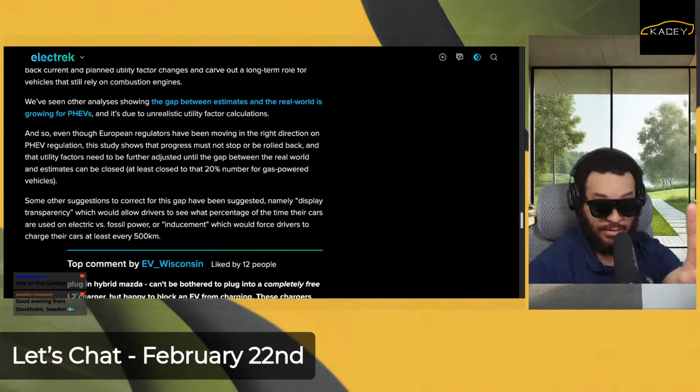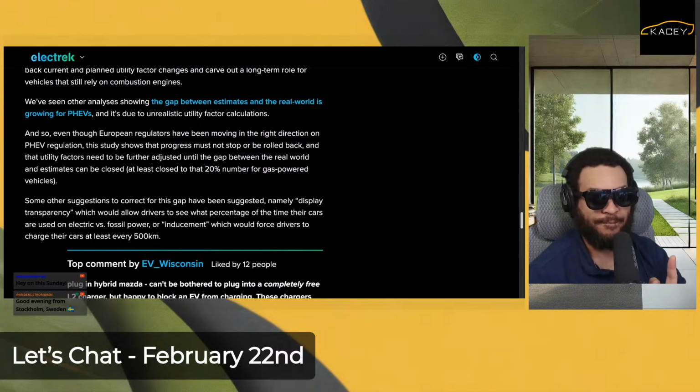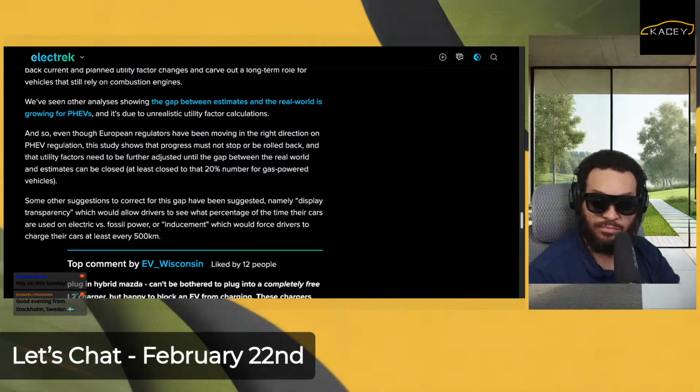Unless, hear me out, they stop including level 2 only charging on these things. And if you could DC fast charge it on a trip and go a decent distance, then people will still use it while they're on the road. And then 500 is very reasonable. But if it takes you 4 to 12 hours to recharge and it only does it at level 2 speeds, 500 is too short.